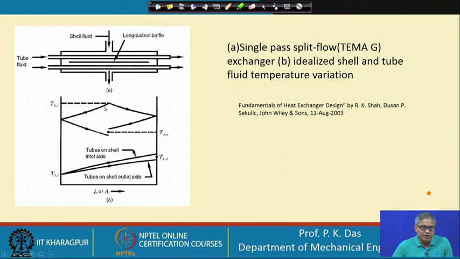So, shell side fluid first gets divided. One side the temperature variation will be like this, other side the temperature variation will be like this. Then again there is a temperature reduction like this, and that is how it will come out. Tube side, of course, the temperature variation will be almost the same in both the tubes. So, this is a single pass split flow heat exchanger.